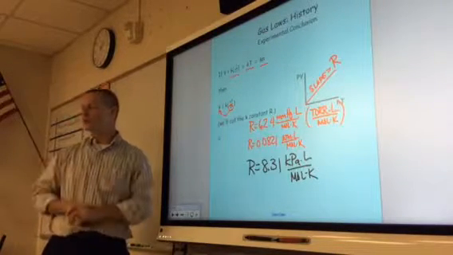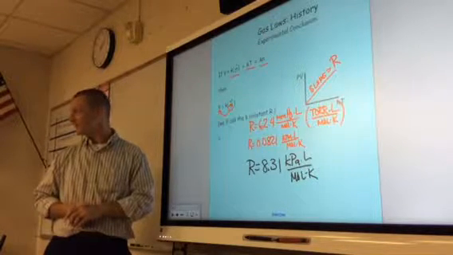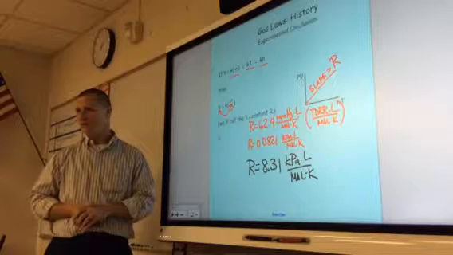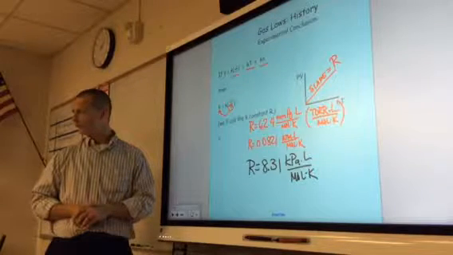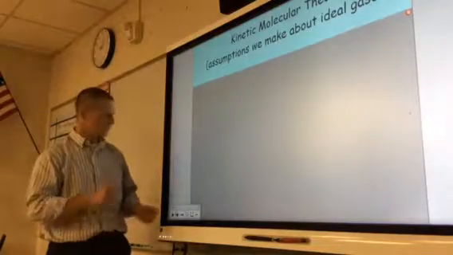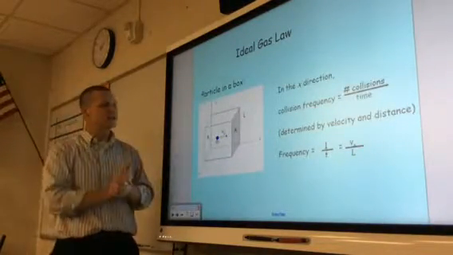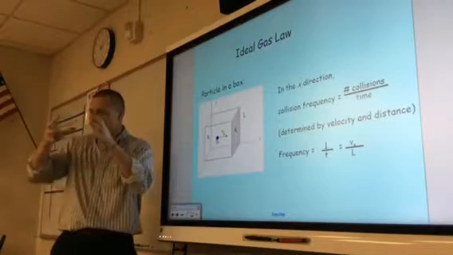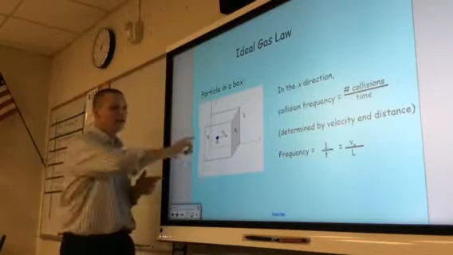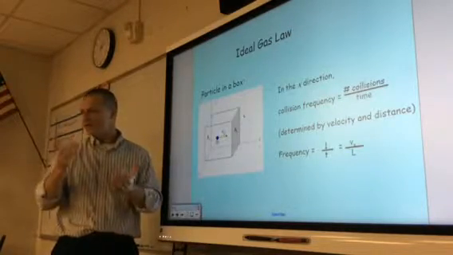I'll just give you a quick overview of the physics ideal gas law derivation. We have the kinetic molecular theory too, but this is what you'll see tomorrow. Assume that there's one particle inside of a closed container, and it's moving in one dimension, back and forth, just along the x-axis.